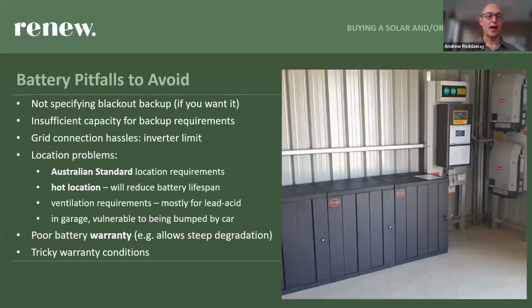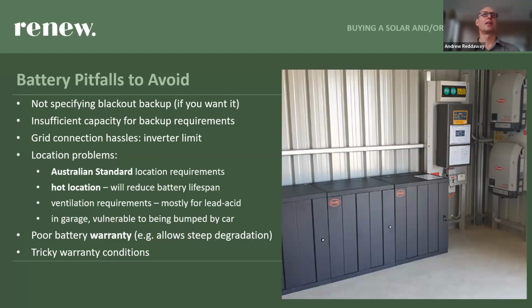Okay, I've mentioned the blackout backup pitfall. If you do want to power your house during a blackout, then you have to think about what appliances you want to cover. Lights, easy. Laptops, internet router, easy. Electronic gadgets, easy.